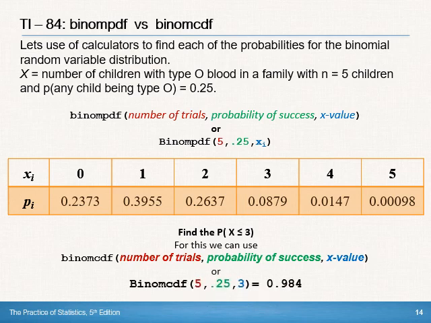So if we wanted to calculate the probability that x is less than or equal to 3, then we would put a 3 in the CDF. That will automatically calculate the probability of 3 and everything below it. All right, so let's practice some more of this on the next slide.